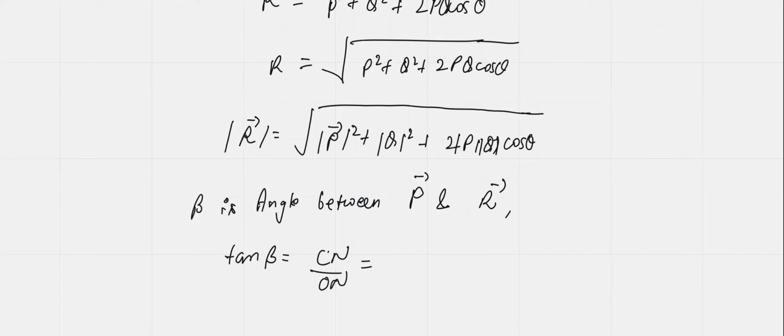What is the Cn? We have already got the value from the top, that is Q times sine theta, divided by On, which we already had, that is P plus Q cos theta.